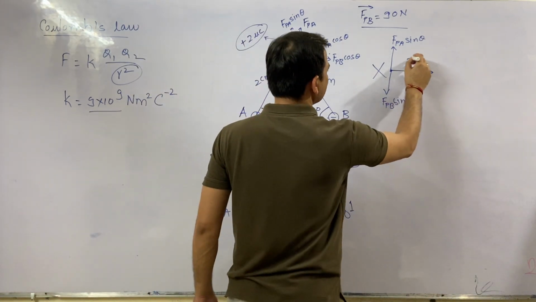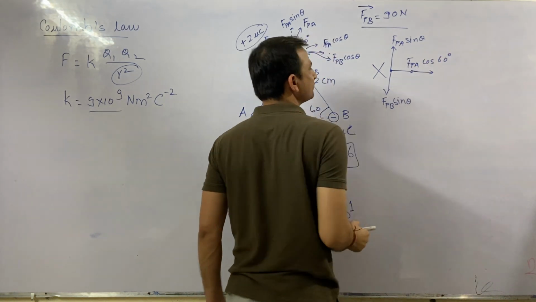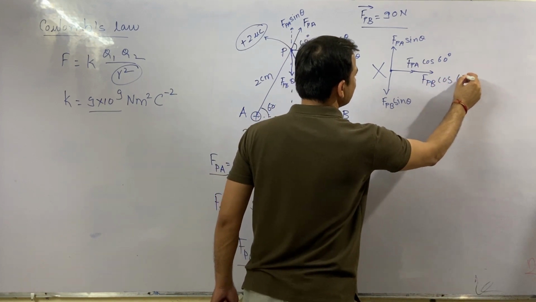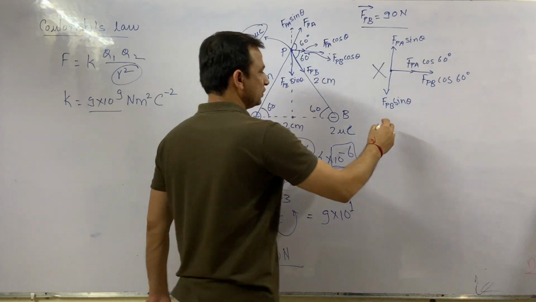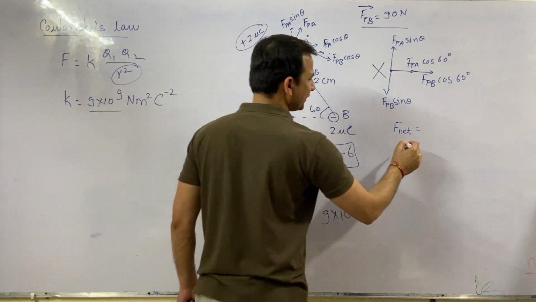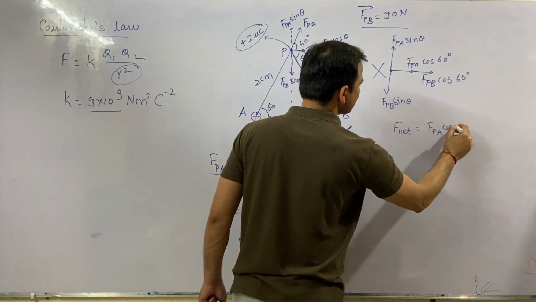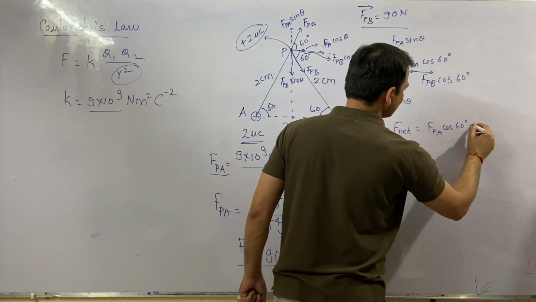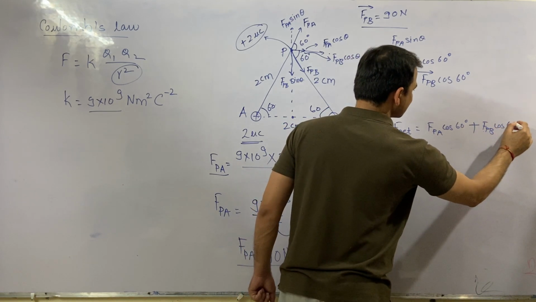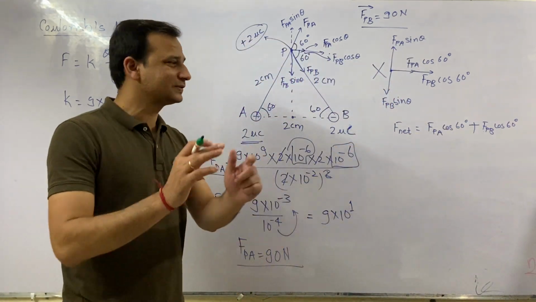So FPA cos 60 degree and FPB cos 60 degree will get added. So the F net at point P would be FPA cos 60 degree plus FPB cos 60 degree. And we know FPA and FPB have the same magnitude.